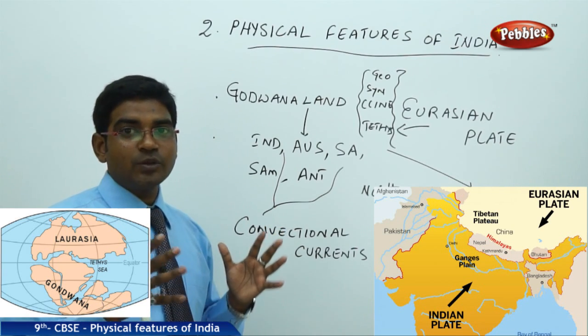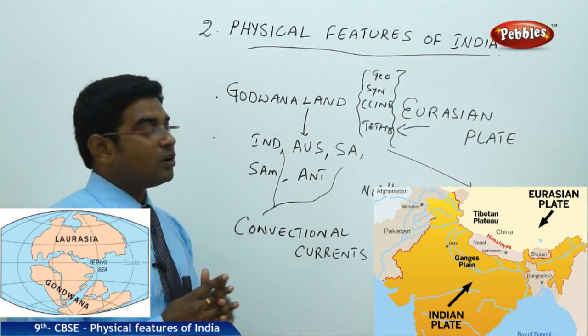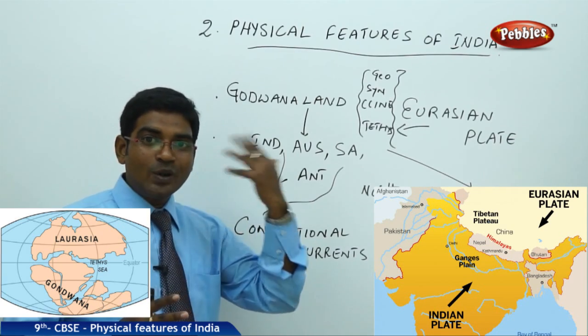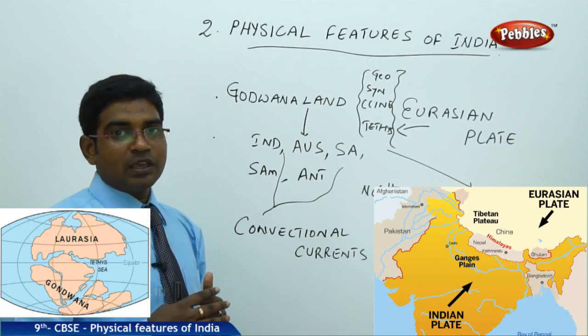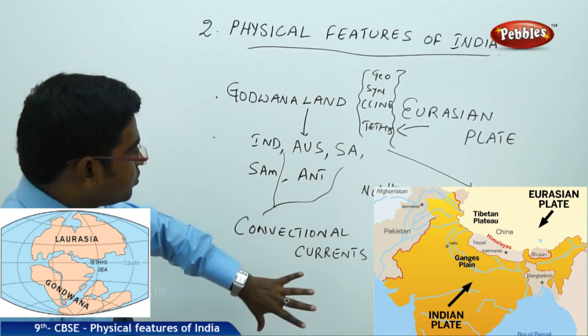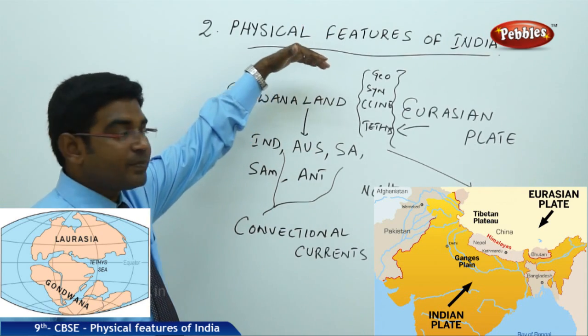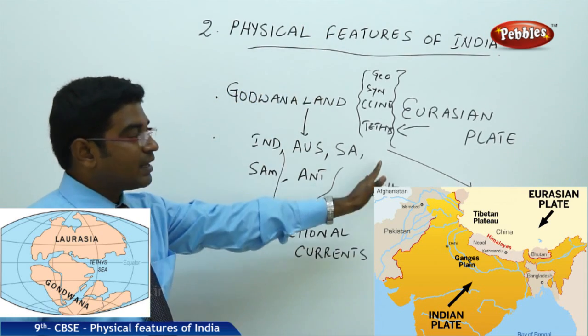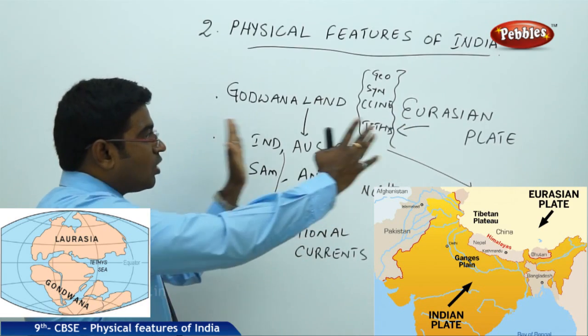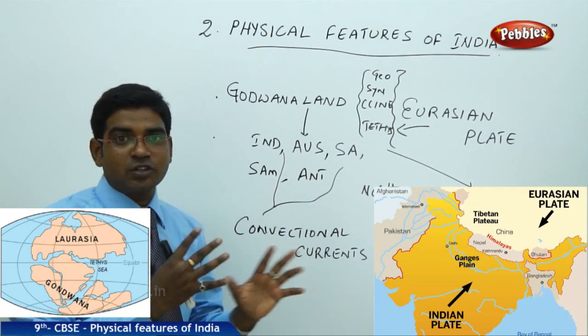It started to get pressurized by the movement of the Gondwana land towards the Eurasian plate, so it got compressed and pressurized.